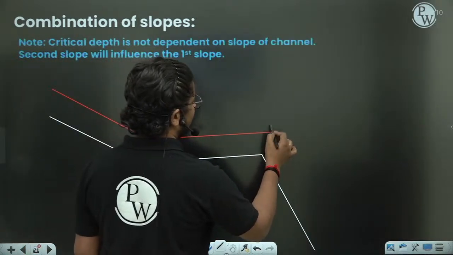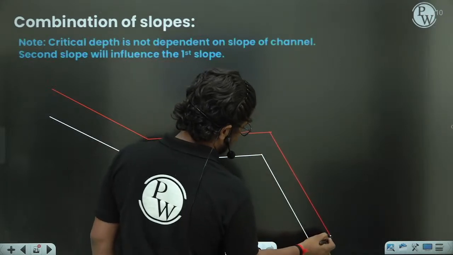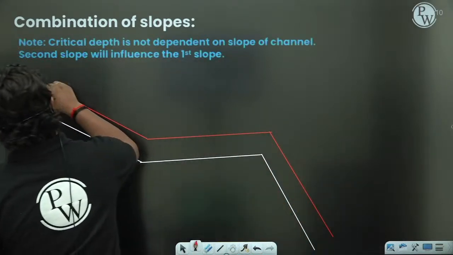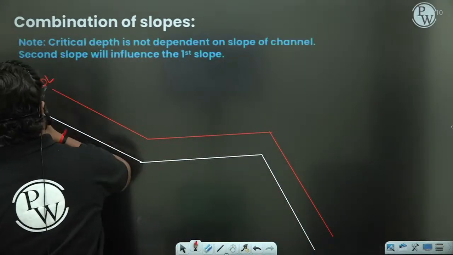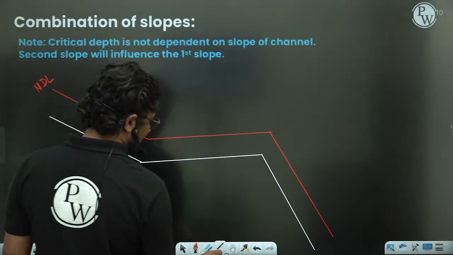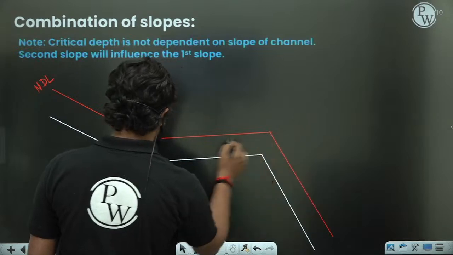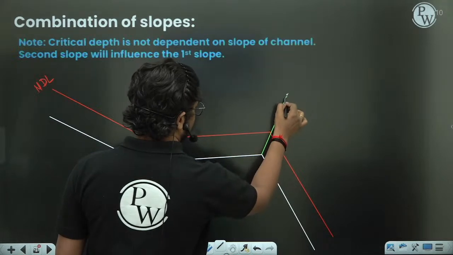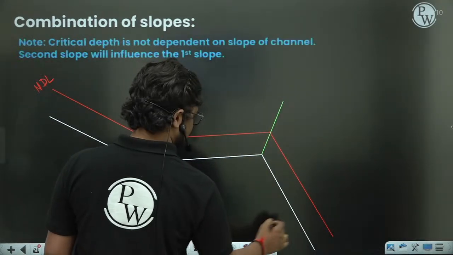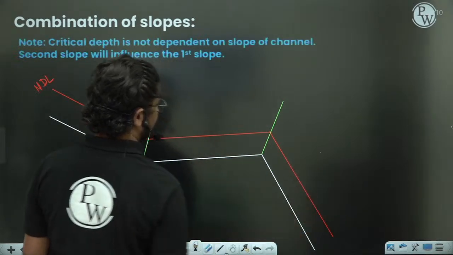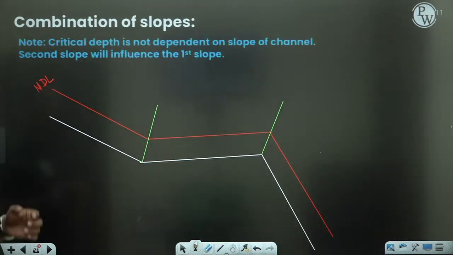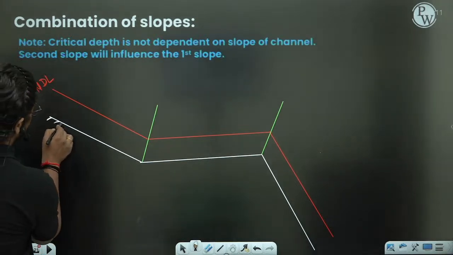It will depend only on the cross section. So this is the NDL line.